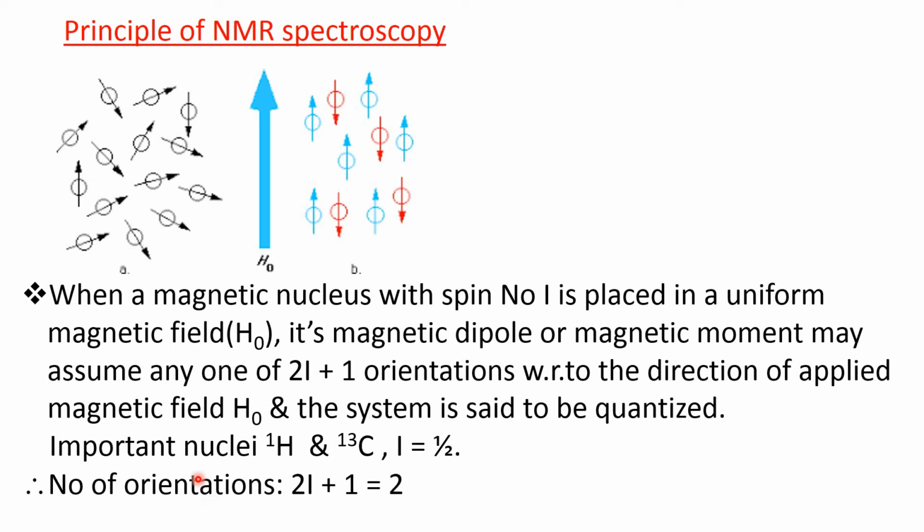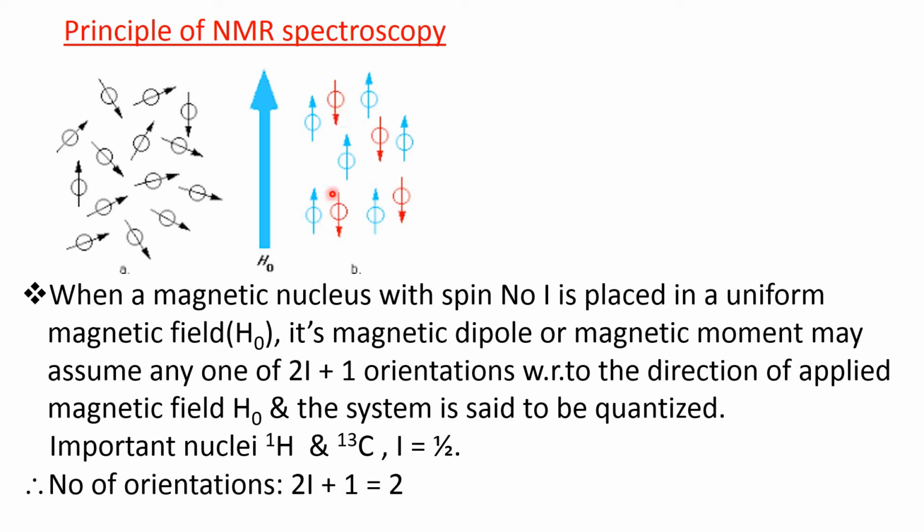So, for these nuclei of proton or C13, in the presence of an external magnetic field, they can take only 2 orientations. One is along the external magnetic field, that means parallel to the direction of the external magnetic field. Another is opposite to the direction of the external magnetic field.